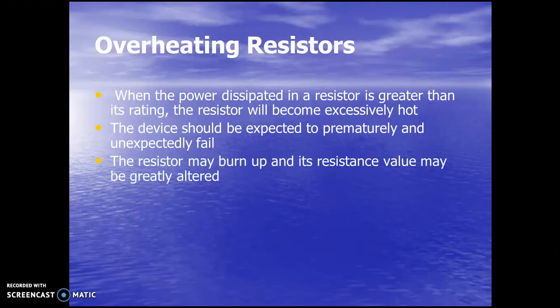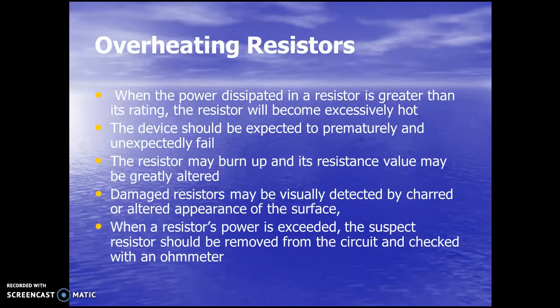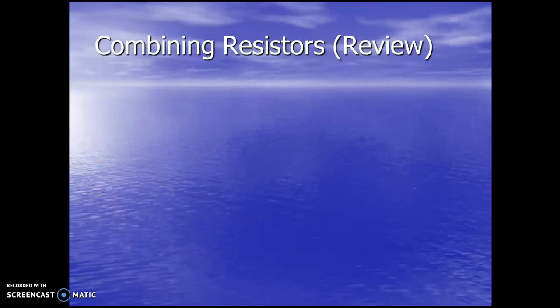They can burn, or we can cook them and the resistance will alter due to heating them up. So anytime you see a resistor that is charred or looks otherwise different than you would expect, you want to remove it from your circuit and check it with an ohm meter. And we'll talk about ohm meters more soon.